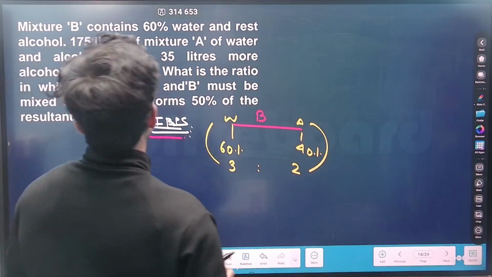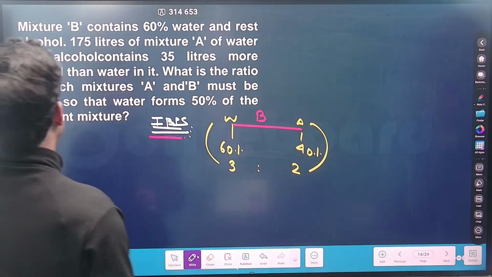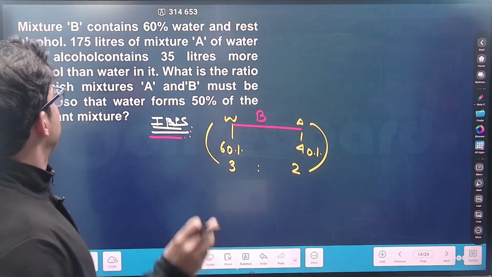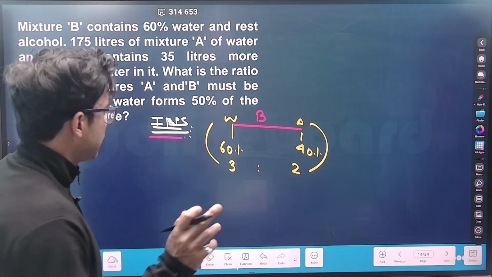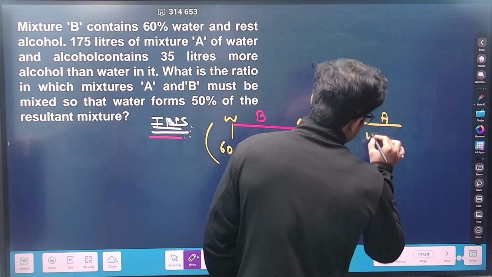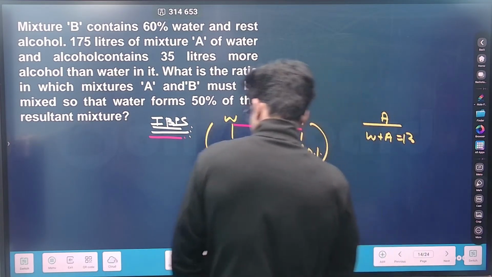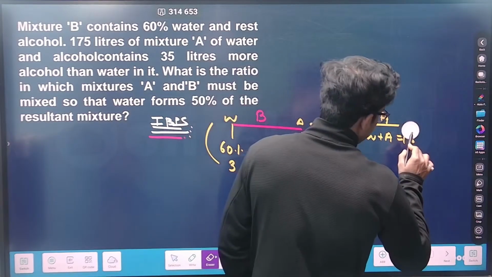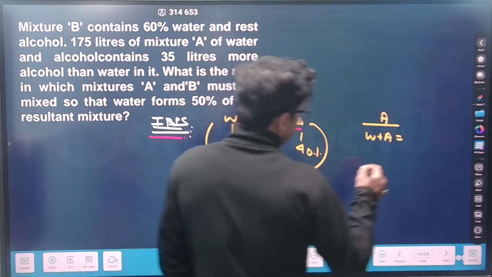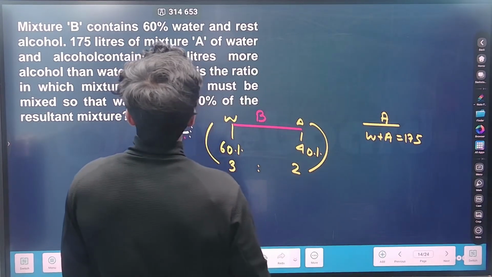Fine. Now 75 liters of mixture A of water and alcohol. So basically this means there is also A, in which water plus alcohol is 175, and alcohol contains 35 liters more.